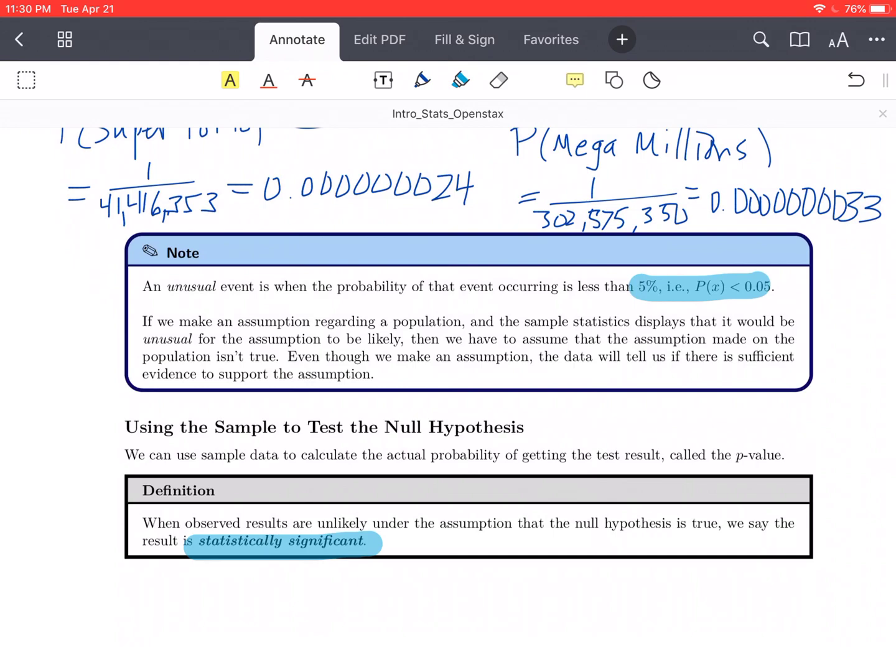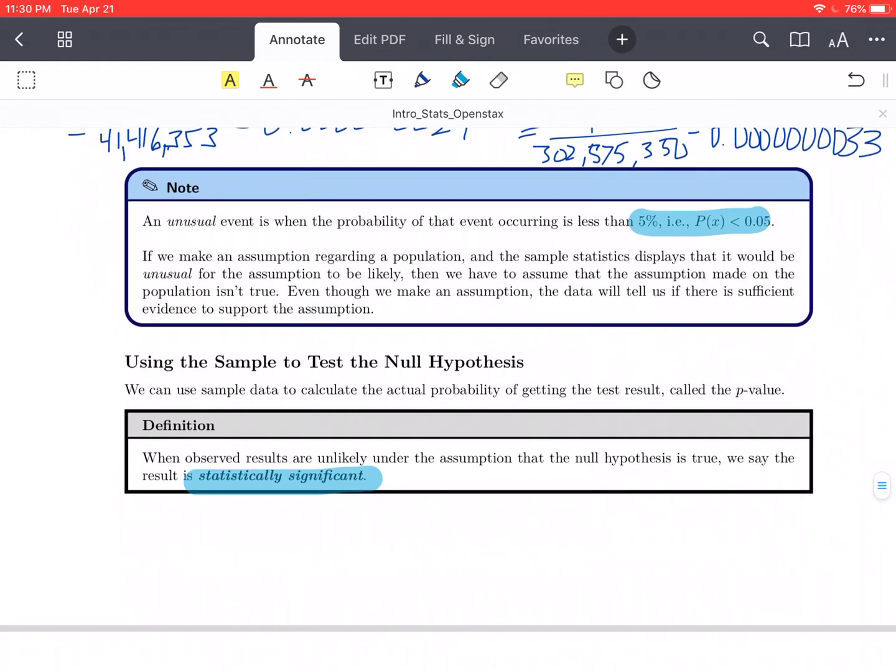Null hypothesis means status quo, right? We're assuming that the normal is true. And then we get something that, if that normal thing was true, would be extremely unusual, which tells us maybe that null hypothesis isn't true. Maybe our alternative is actually more accurate. When we have results that are highly unusual given the null hypothesis being true, we say that is statistically significant.